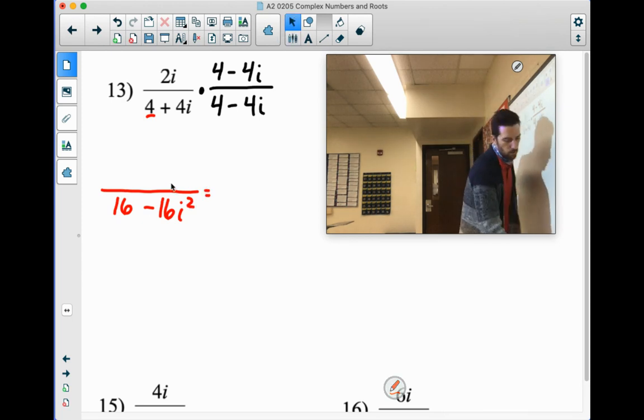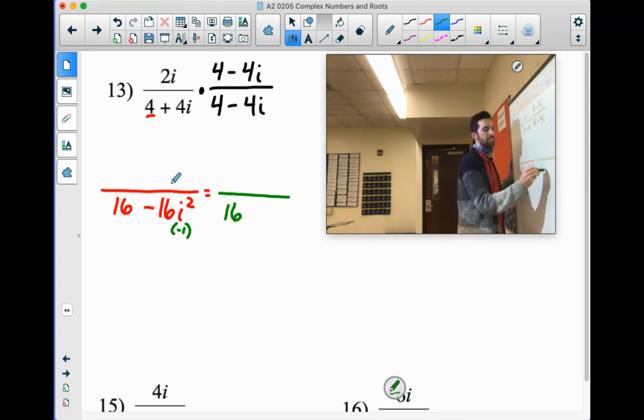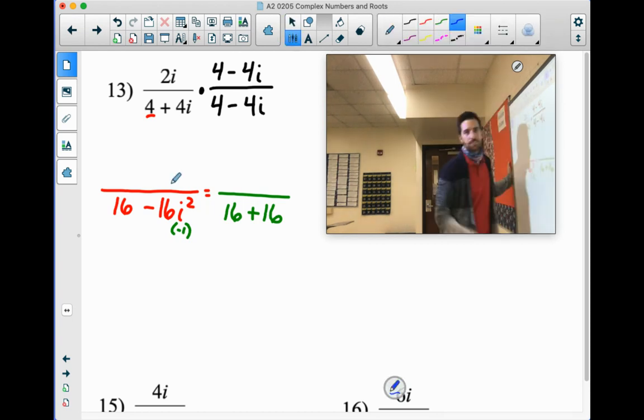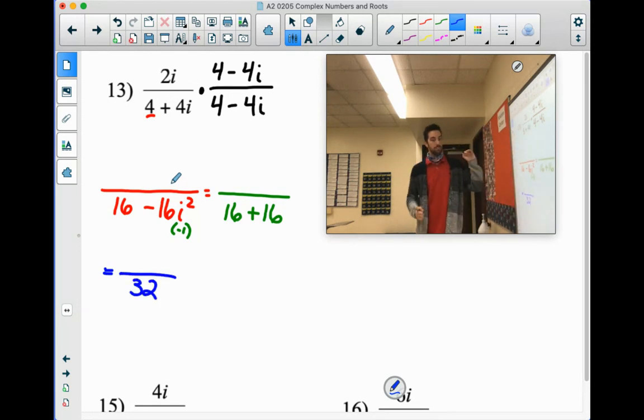And then you're like, oh, well, Mr. Plant, I remember that i squared is negative 1, right? So negative 16 times negative 1 would be positive 16. And then our denominator is just 16 plus 16, which equals 32. Sweet. No more i's in the denominator. It's just a regular number, 32 now.